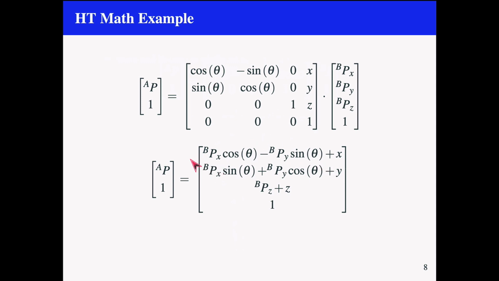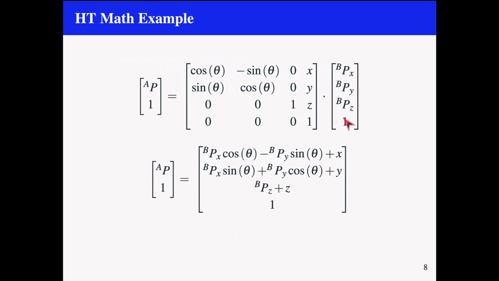Similarly, second row, or the Y component of PA, sine theta times PBX, cosine theta times PBY, 0 times PBZ, 1 times Y. And then this third row, 0 times that, 1 times PBZ, and then Z times 1. And then the bottom row, like I said, 0 times this, 0 times that, 0 times that, 1 times 1.